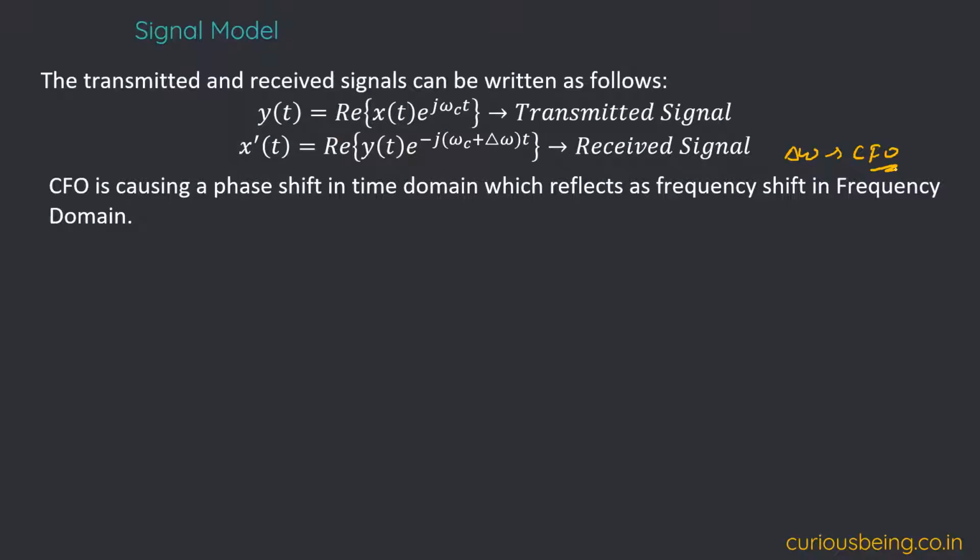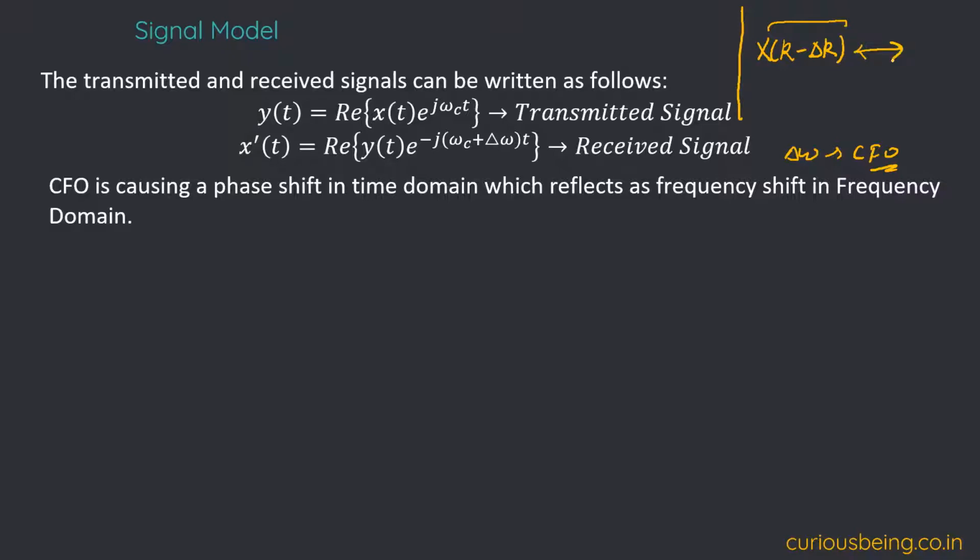So here CFO is causing a phase shift in the time domain, which reflects as a frequency shift in the frequency domain. If you are aware of the basic FFT properties, then if this is my frequency domain signal Xk, in this case the CFO or the frequency shift we can write like this, where delta k, now I'm talking in the FFT domain, is my CFO impaired signal.